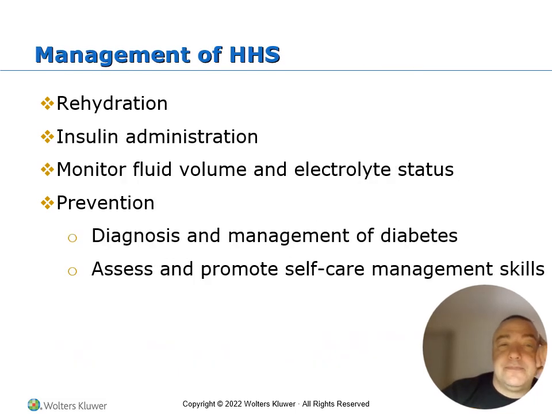So they're going to get that insulin, they're going to get rehydrated, they're going to be eating as long as they're conscious and alert. And then they're going to be taught that they are now a diabetic and they need to manage this. The exact cause of this is not quite known. From what I was reading, they can give it a reason, but it's not a consistent reason.